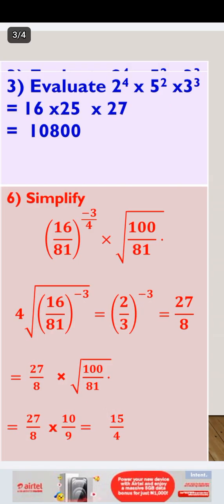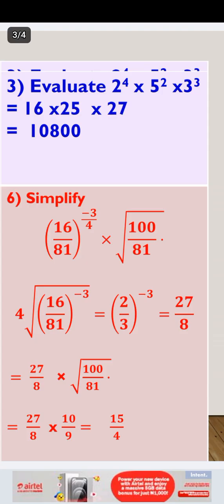Here you discover that 9 divided by 9 is equals to 1. 27 divided by 9 is equals to 3. So we have 3 and 1. And now 2 divides 8, we have 4.